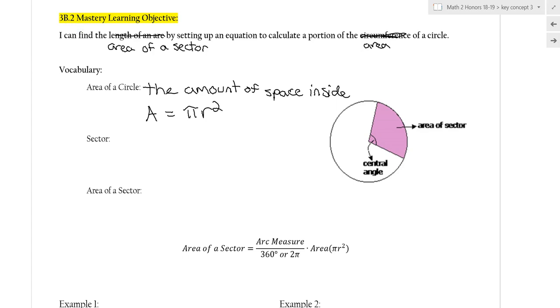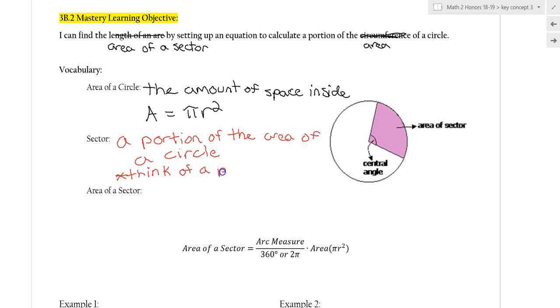A sector is a portion of the area of a circle. Think of a pizza slice. So one slice of your pizza is a sector of the entire pizza.